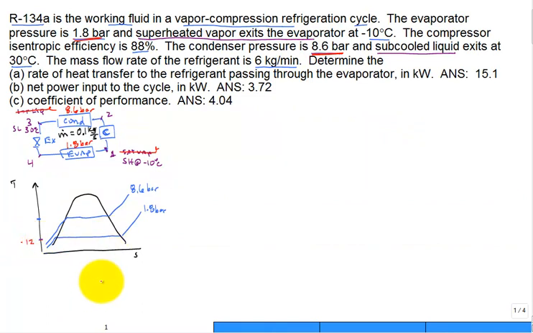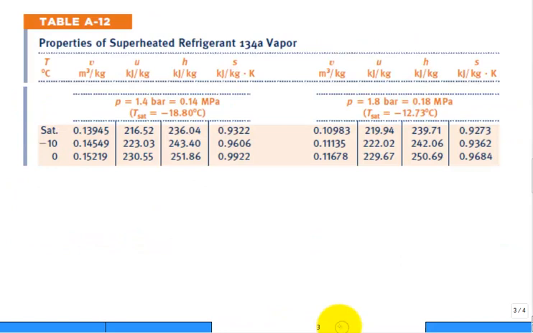I think it's -12.73 something, but it's close to that. That's the saturation temperature for 1.8 bar out of the superheated table for refrigerant 134a.